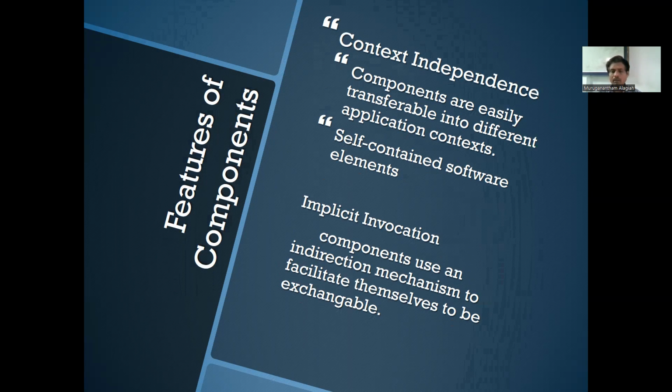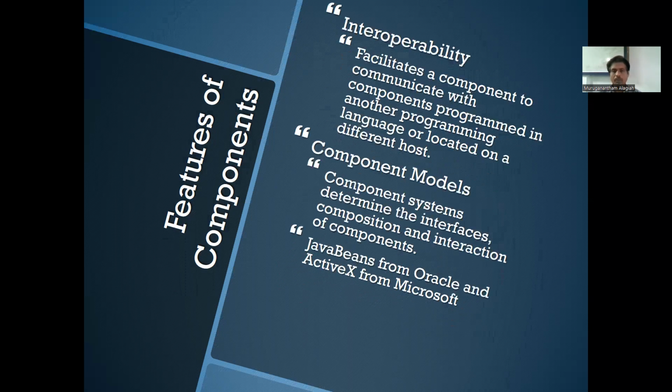It's a mechanism they have created so that components can exchange themselves if there are some issues, and you can continue functioning with the other component. If one particular component fails, the other component will come into play and start being used. So these are all the advantages when you use components.